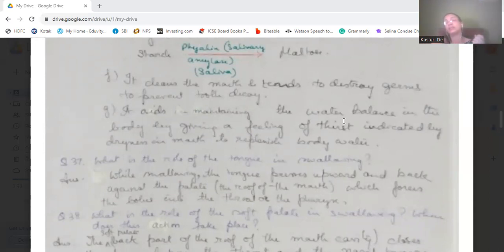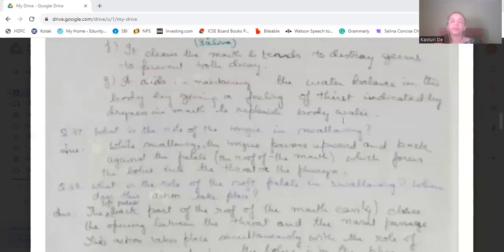If the saliva is not secreted in our mouth, the mouth becomes dry, and we need to take water. So that dryness of mouth indicates that we need water. This dryness is caused by the maintenance of the water balance, which is done by the saliva.